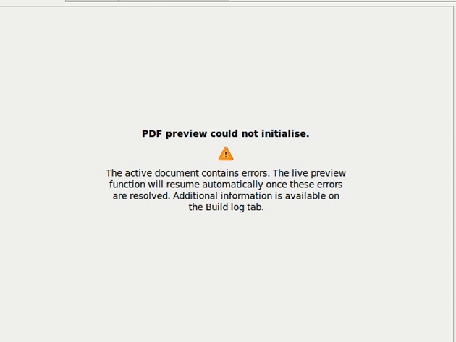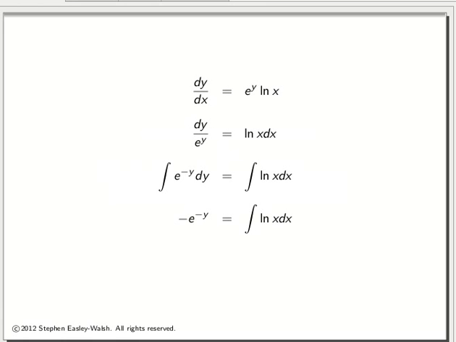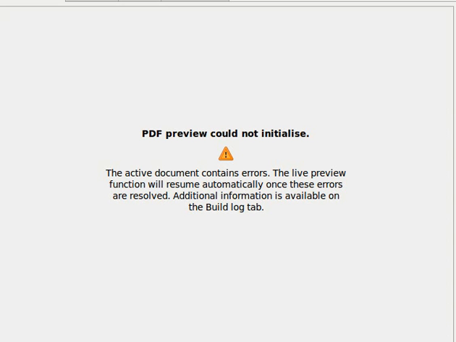Okay. And then on the next line, I have antiderivative of log x was x(log x minus 1).